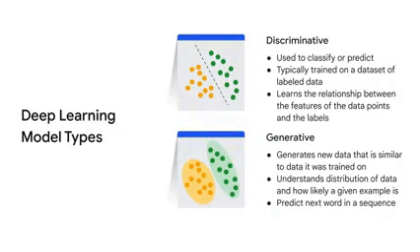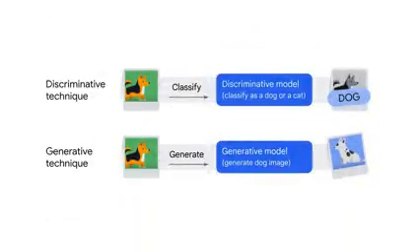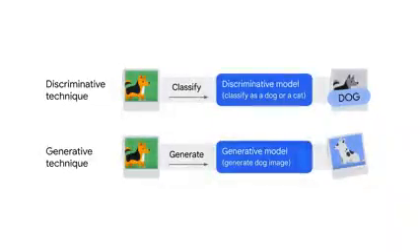A generative model generates new data instances based on a learned probability distribution of existing data. Thus, generative models generate new content. Take this example. Here, the discriminative model learns the conditional probability distribution, or the probability of y, our output, given x, our input, that this is a dog, and classifies it as a dog and not a cat.